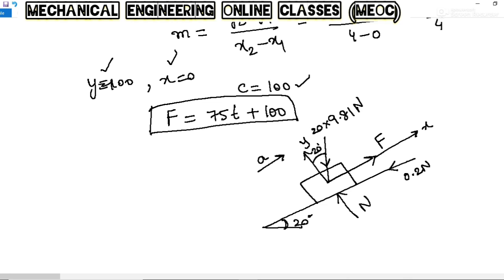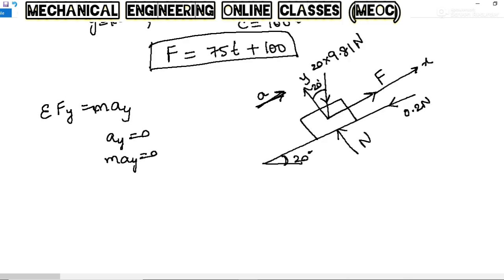Now, by Newton's second law, we know that sigma Fy is equal to m into Ay. But acceleration is along the x-axis. If any vector is along the x-axis, its y component will be 0. So Ay is 0. Ay is 0 means m into Ay is also 0. Therefore sigma Fy will be equal to 0. Now what do we get?